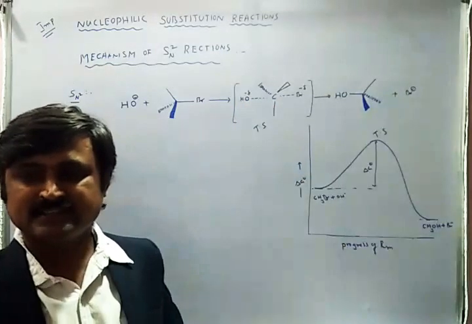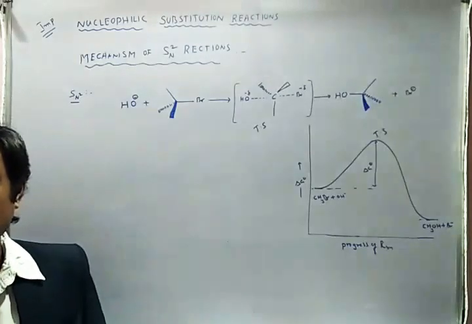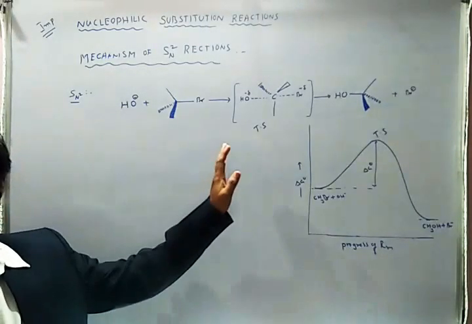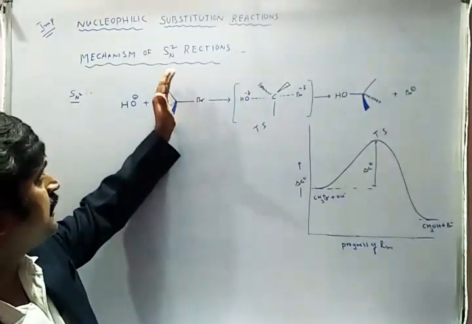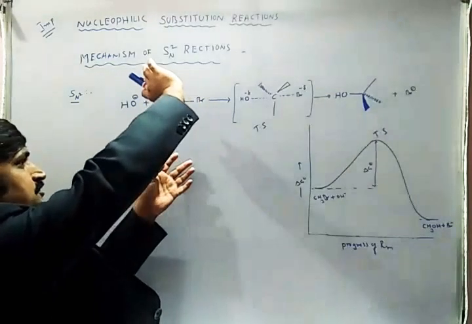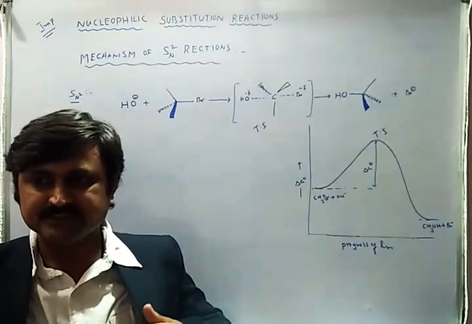As a result, what happens? The nucleophile gets closer to the carbon and the bromine moves further away from it. So the CH bonds continue to move in the same direction. So here these bonds will move towards the same direction. Okay, and finally what will happen?